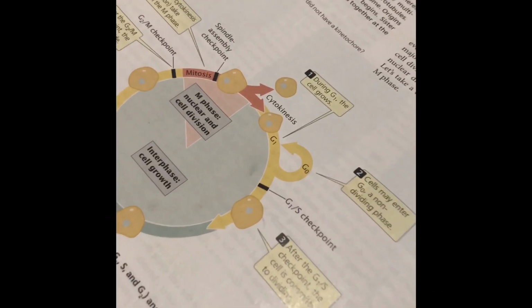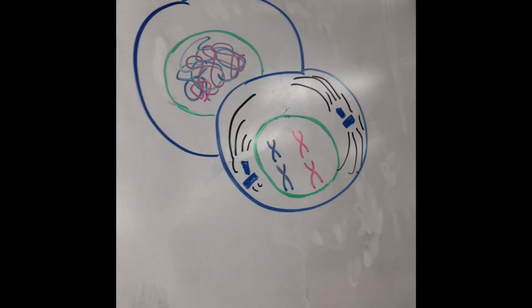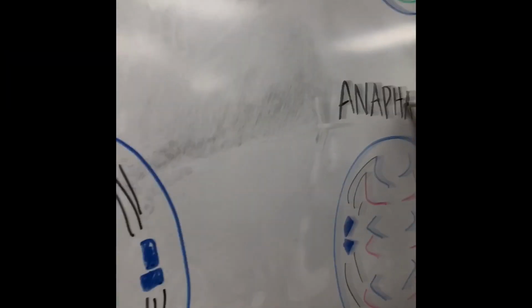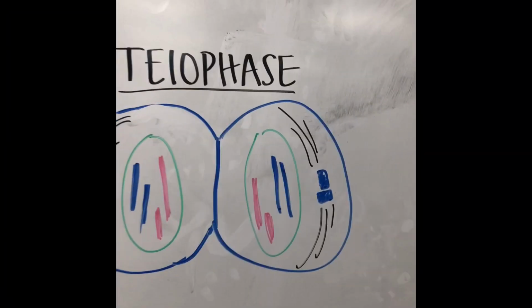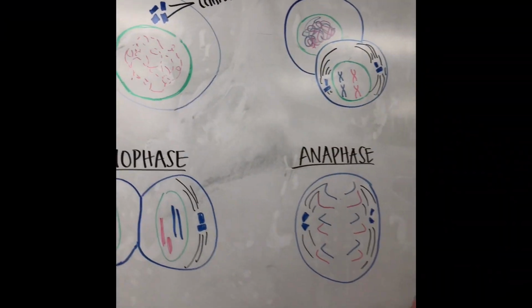G1 is where the skin cell grew. And then we have the S phase. Her chromosomes duplicated. Then in G2, her skin cells prepared for division. After that, her skin cells were ready for the M phase.